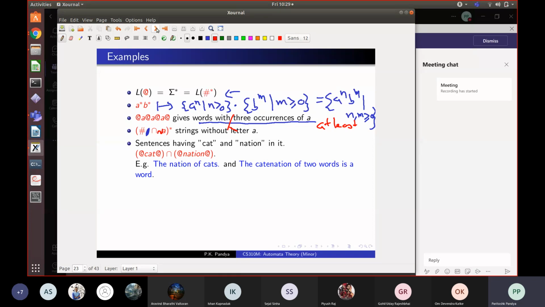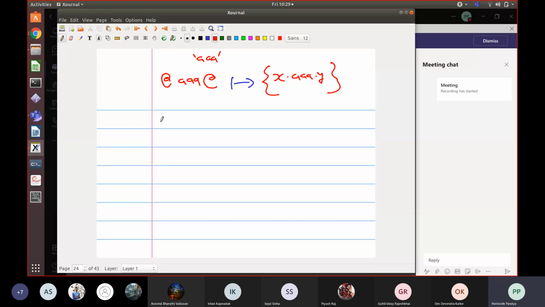So I'll write this on the next page. Hash intersection tilde of A. What does this give us? Anybody can tell me? What will tilde of A give me? Any string which is not a single letter A. So it will include things like B, AB.